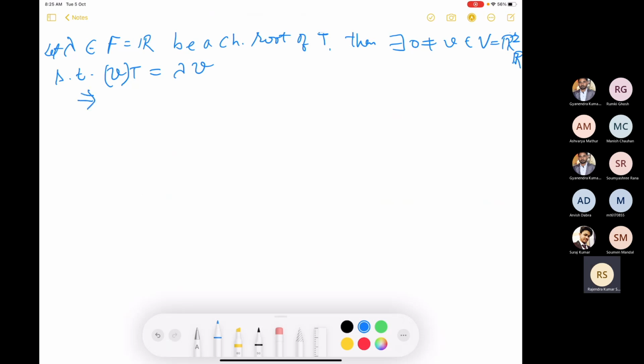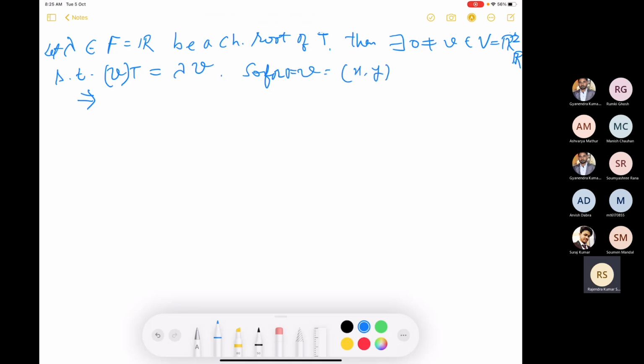Vt is defined as follows. For V, you can write the coordinates as (x, y).